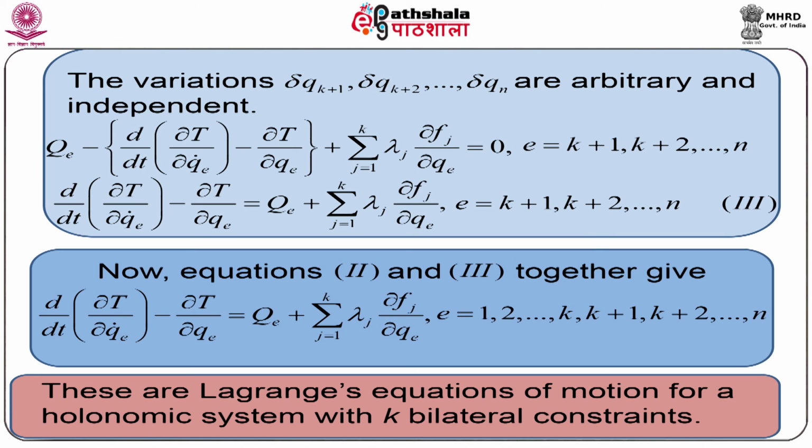Now combining equations 2 and 3 together, we get this equation, which is valid for e equal to 1, 2 up to n. These are known as Lagrange's equations of motion for a holonomic system having k bilateral constraints.